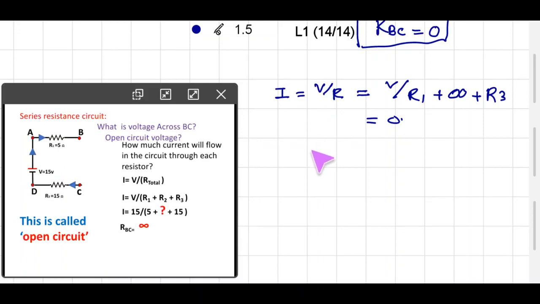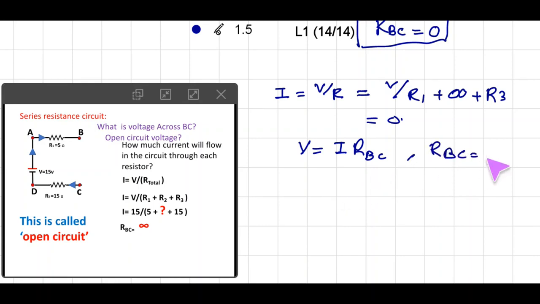V is equal to IR, but when we talk about the RBC case, RBC is equal to infinite, therefore the voltage across resistance RBC will be maximum, and that is equal to the total battery voltage.